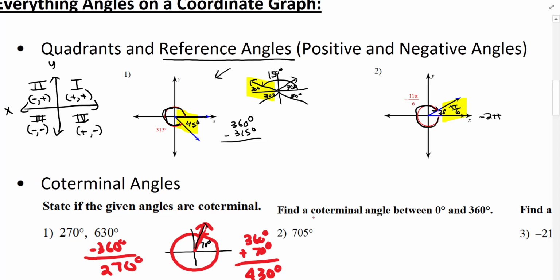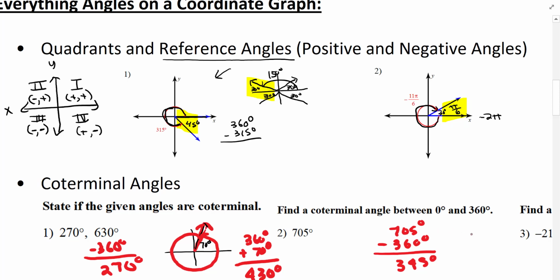All right, so find a coterminal angle between 0 and 360. So if we have 705 degrees and we subtract 360, we would be at 345 degrees.